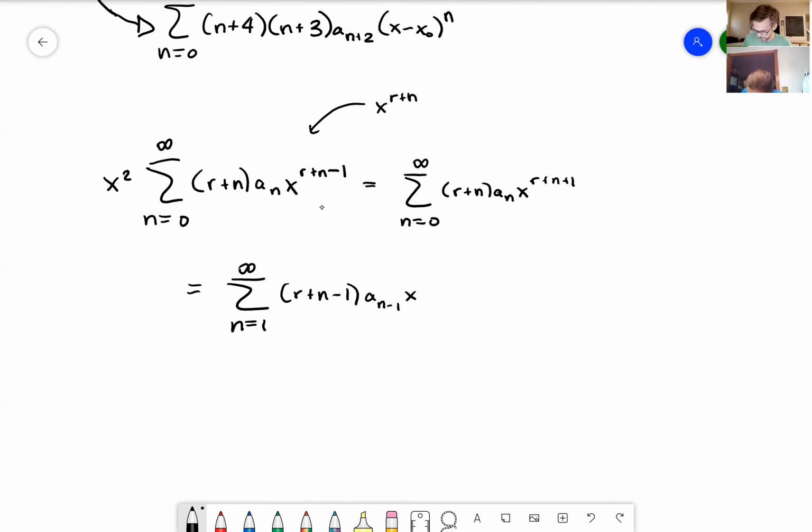And now when we replace n with n minus 1 in the exponent here, we just get r plus n. And that gives us our re-indexed power series with an x to the r plus n.